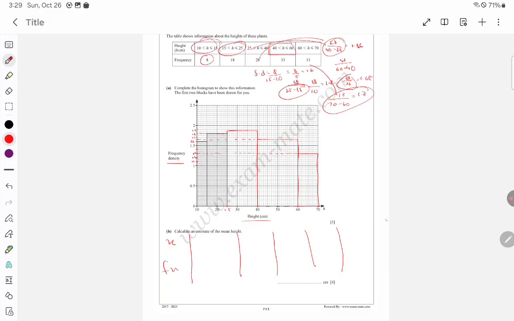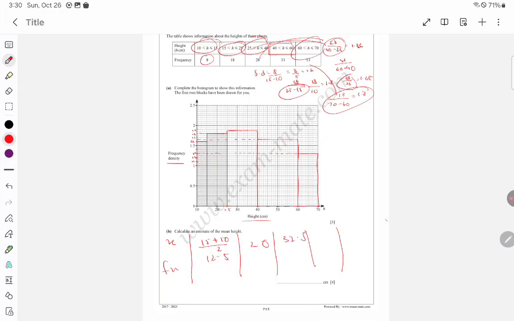For this one, 15 plus 10 divided by 2, 12.5. 15 plus 25 divided by 2, 20. 25 plus 40 divided by 2, 32.5. 40 plus 60 divided by 2, 50.